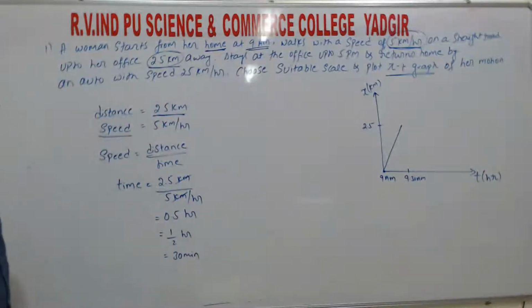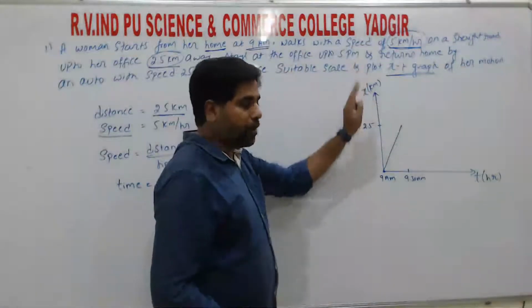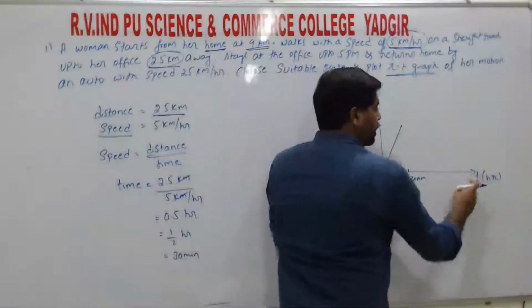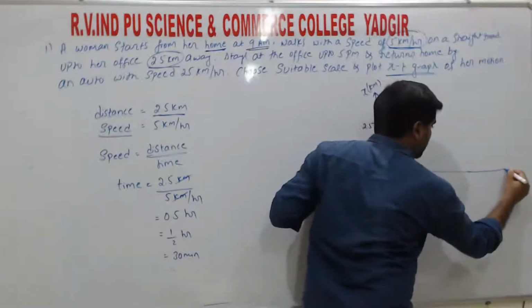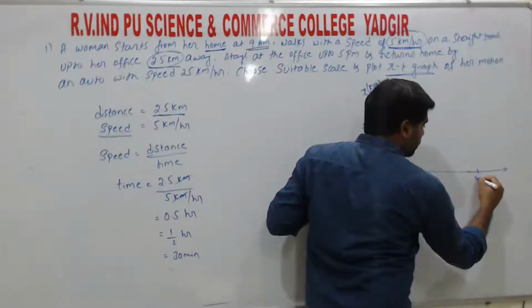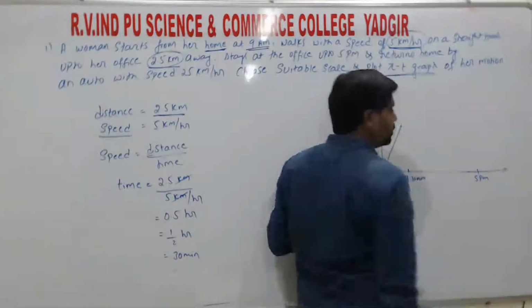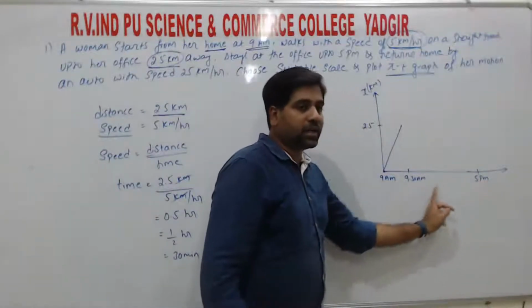Next, she stays at the office up to 5 p.m., right? So here the time has changed. The scale starts from 9 a.m., so somewhere here I will take 5 p.m. That means from 9:30 a.m. to 5 p.m. she is at rest.